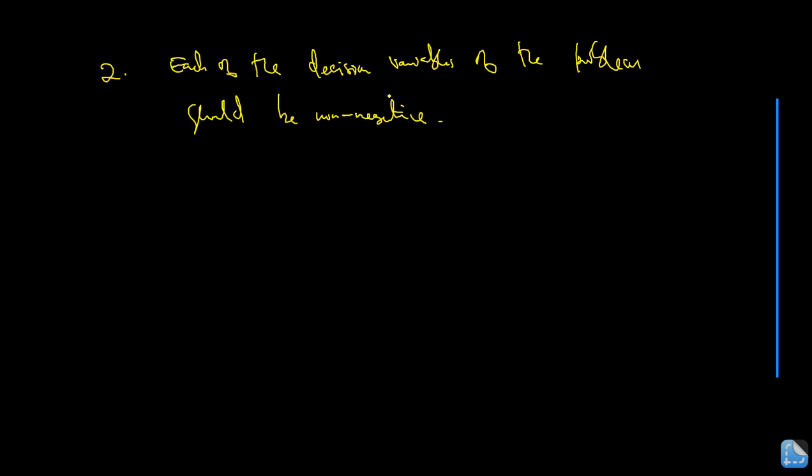So the first thing that you must do is treat an unrestricted variable as a difference of two variables, and those two variables must both be non-negative, greater than or equal to 0. Why? Because such a difference can be positive, or negative, or even 0.